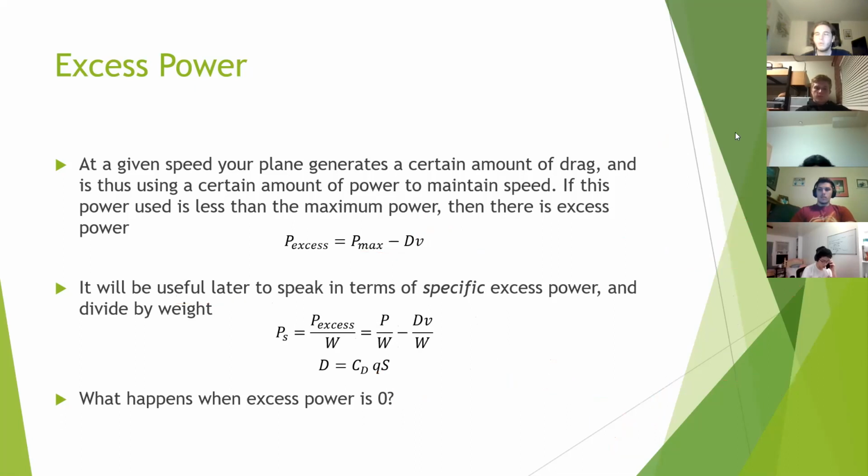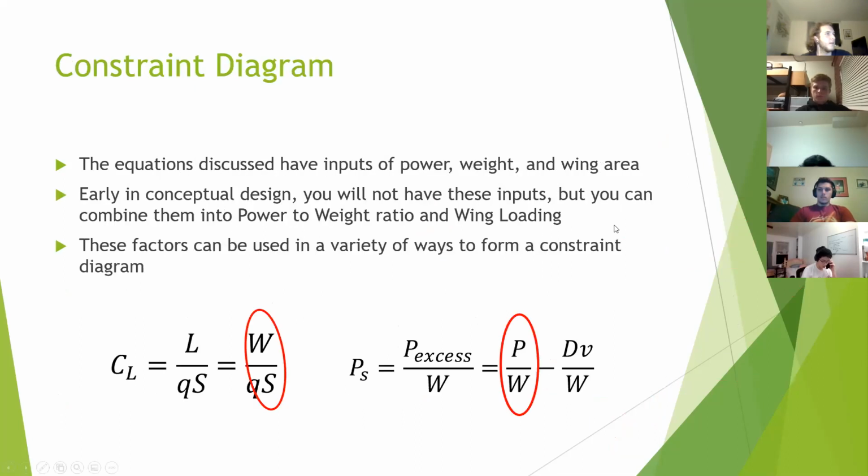Now for the place where we use that. Back when I was talking about design spaces, you want to try to minimize the number of variables. We had our wing loading and our power loading, and both of those are functions of the weight.